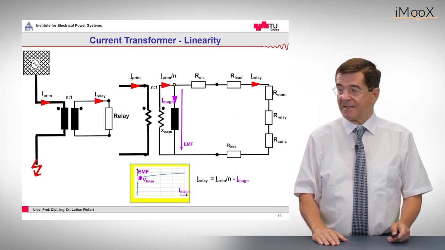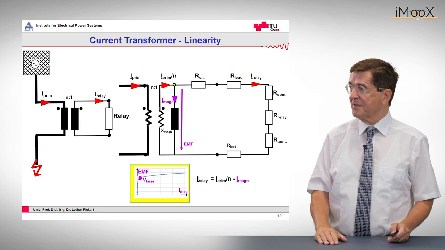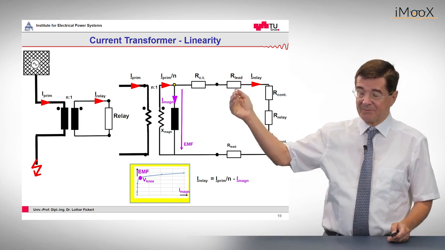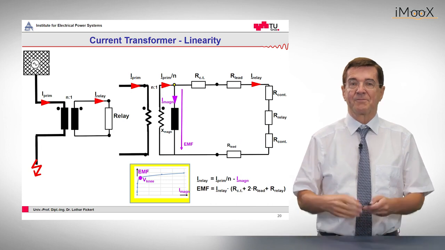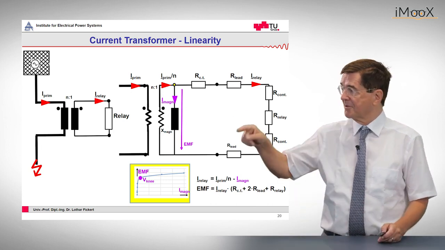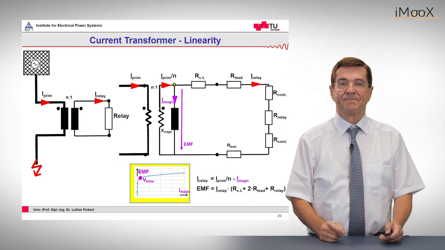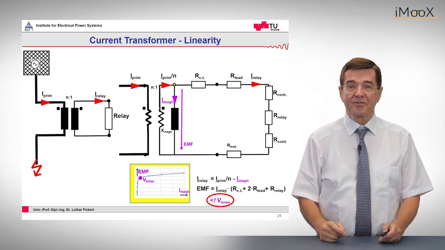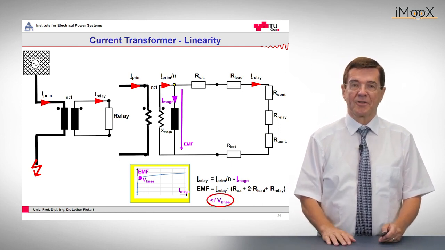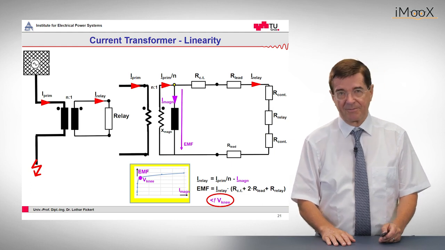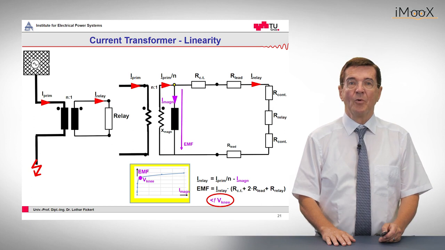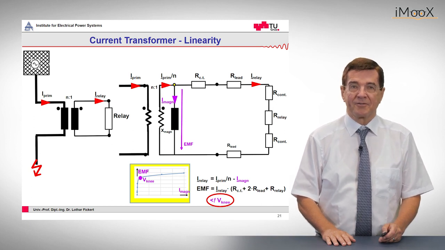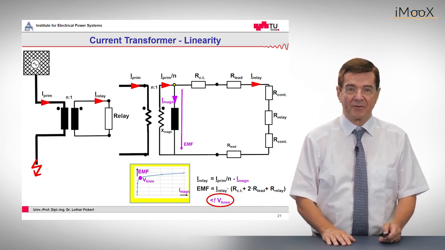So the relay current is the difference of the incoming reduced primary current and this magnetizing current, and the voltage is just the product of the relay current times all these impedances. And this should always be below the so-called knee point voltage, or some people call it saturation voltage, of the current transformer. This is the voltage where the current in this transformer is no longer linear to the voltage.